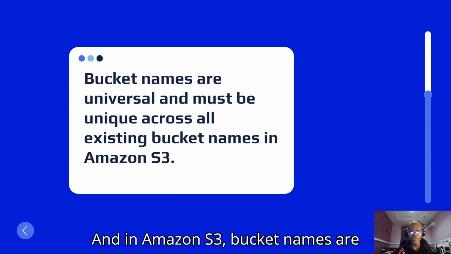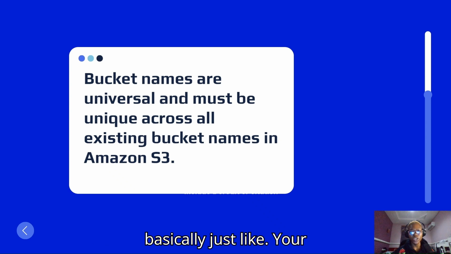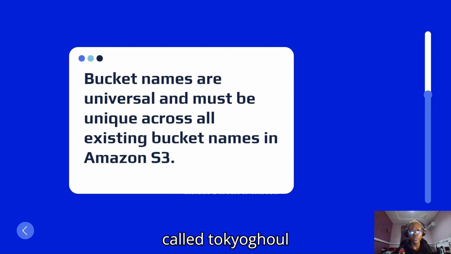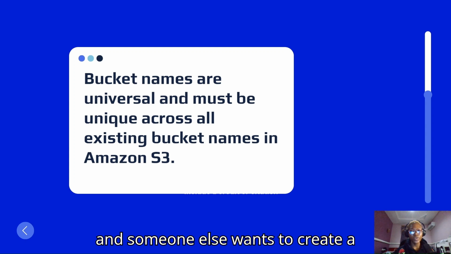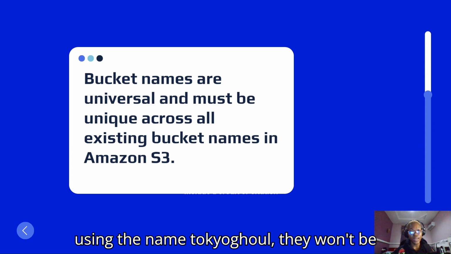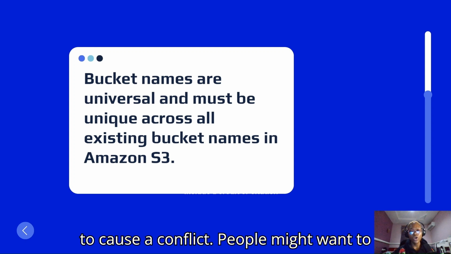In Amazon S3, bucket names are basically just like your website name. So if you have a bucket called Tokyo Go, and someone else tries to create a bucket using the name Tokyo Go, they won't be allowed to create it because it's going to cause a conflict.